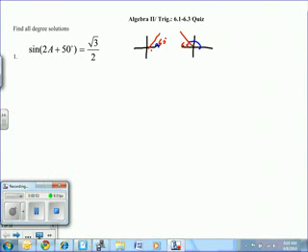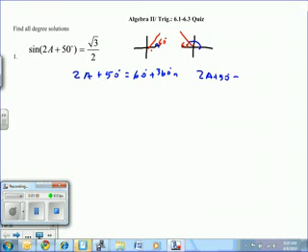So the way we would solve this is we would say that 2a plus 50 degrees equals 60 plus 360n, and 2a plus 50 degrees equals 120 plus 360n, and then all you have to do is the algebra on that.